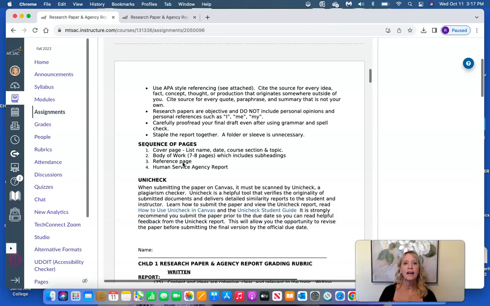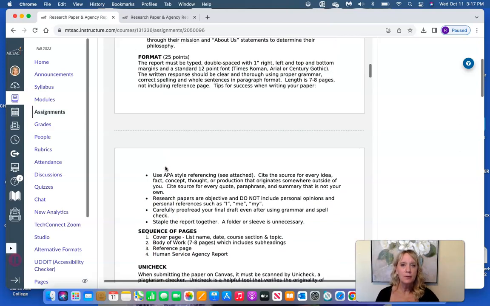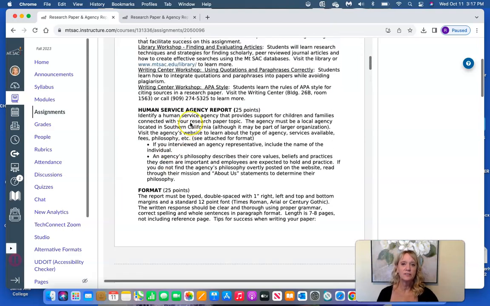Right after that, you're just going to put Human Service Agency Report. What that last page is, remember how we looked for some human services that they call into during your article? You're going to identify human service agencies that provide support for children and families connected with your research topic. The agency must be a local agency located in Southern California, although it may be part of a larger organization.